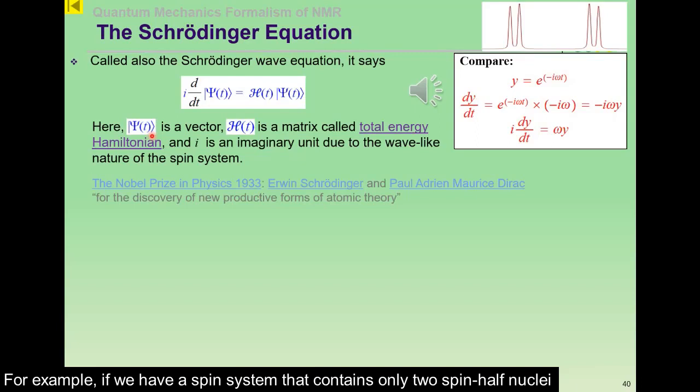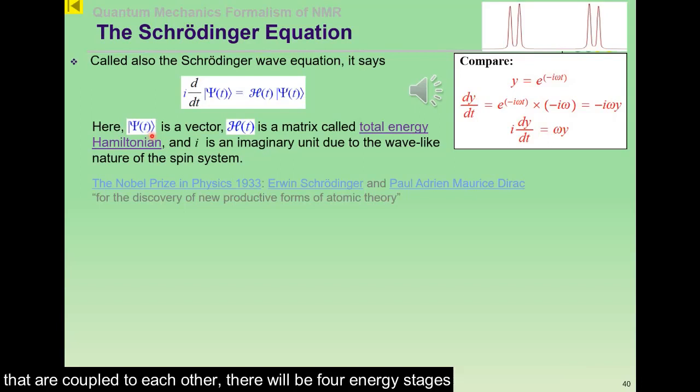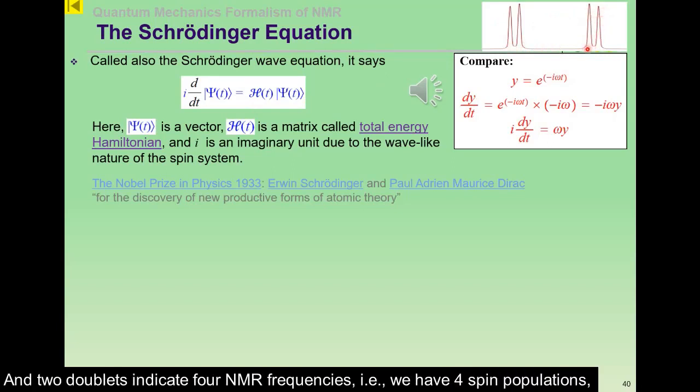For example, if we have a spin system that contains only two spin half nuclei that are coupled to each other, there will be four energy states because we will get two doublets in an NMR spectrum, won't we?